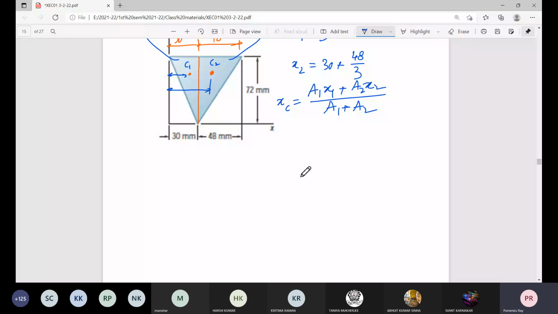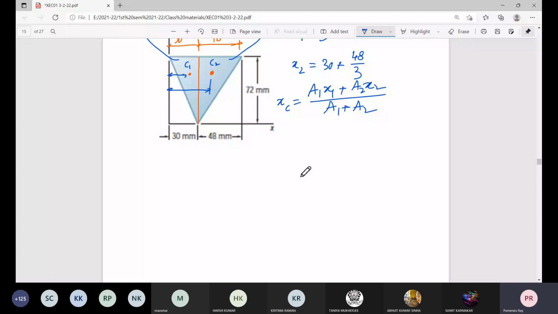Now, if we consider that it is equivalent to that rectangle minus this triangular part minus this triangular part.